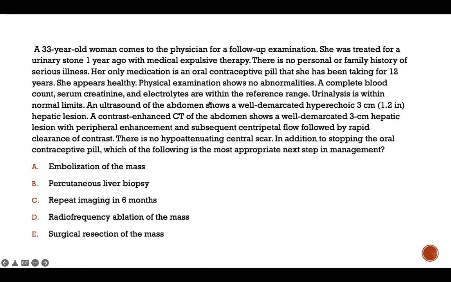CBC, serum creatinine, electrolytes within normal range. Urine analysis within normal limits. Ultrasound of the abdomen demonstrates a hyperechoic 3 centimeter hepatic lesion. CT scan with contrast demonstrates a 3 centimeter hepatic lesion with peripheral enhancement and subsequent centripetal flow followed by rapid clearance of contrast.